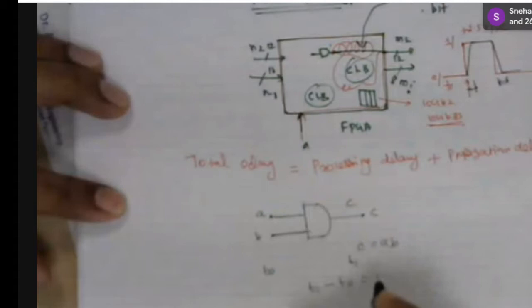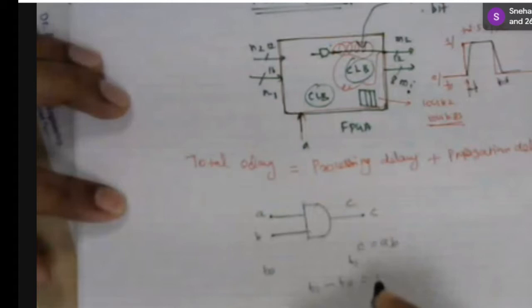Now listen, suppose one AND gate takes only 1 nanosecond. 10 power minus 9 is the processing delay of the AND gate. It is fine, we can ignore it. But in one application, I needed to connect 10 power 9 NOT gates in cascade.